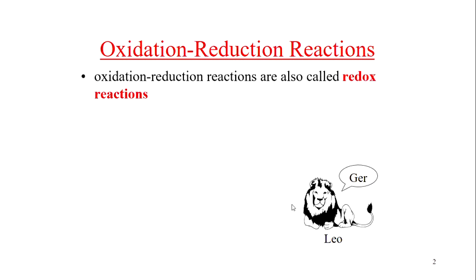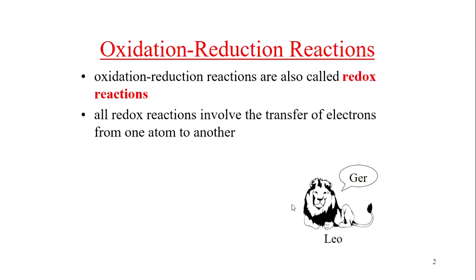First, I'm going to ask you to pay attention. In this chapter, we are going to define a new type of reaction, because we are going to work on electrons instead of elements.